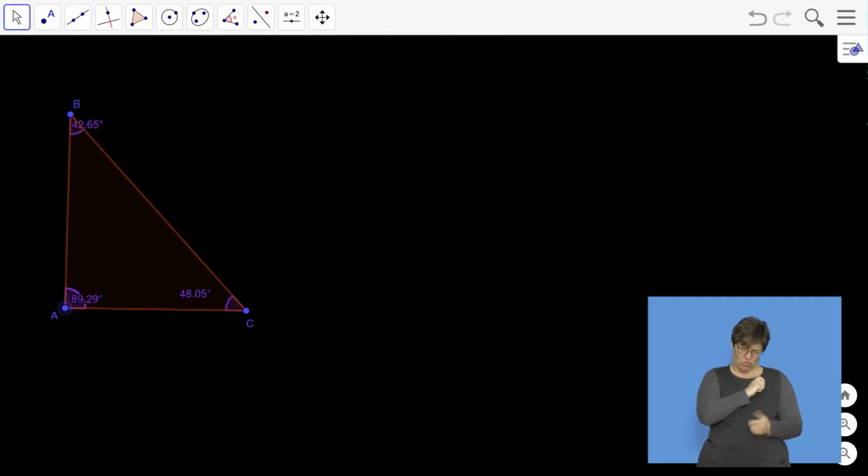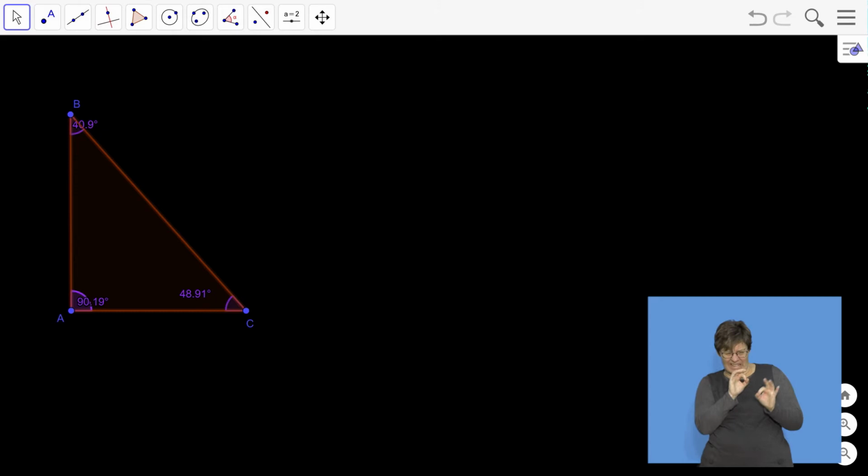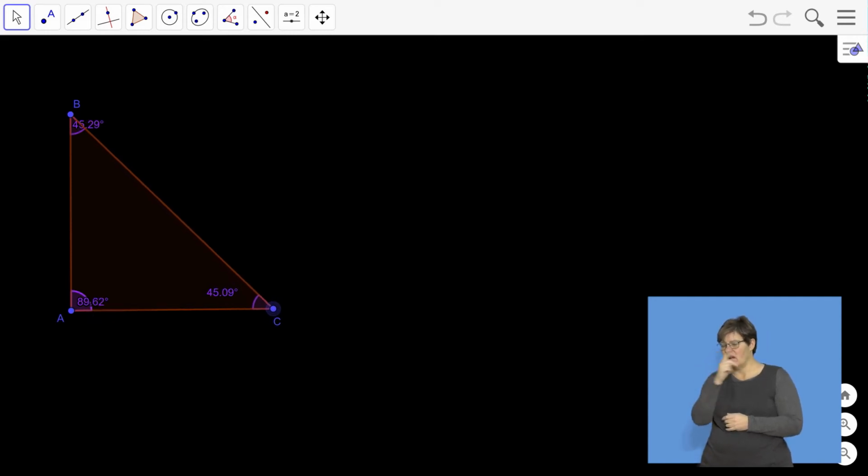So if maybe this is 90 degrees, it's just that it does not go exactly to 90, but I will just try and make it 90 just a bit. So you see 90.19. And then I have my other angles the way they are. Maybe let's try and make this 45 if it's possible to do that. Yes, there, but it just moves my angle.